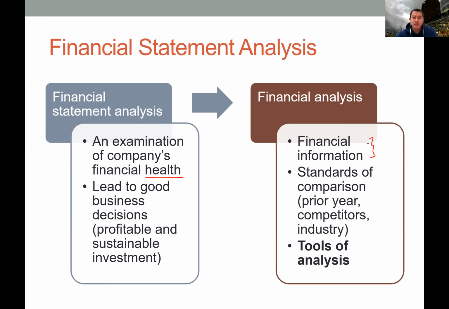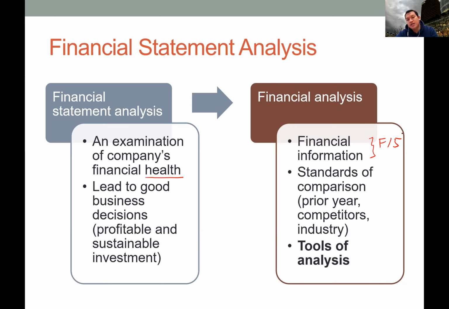Basically we need all information about this company's financial performance, so we will use their balance sheet, profit and loss, cash flow statement, and even the notes to the financial statements.